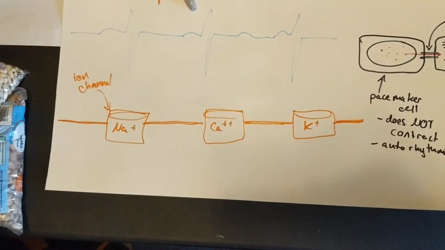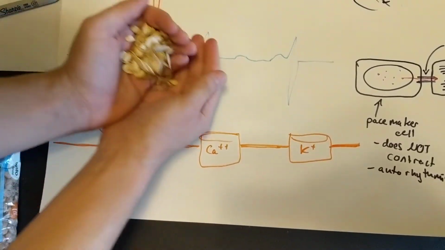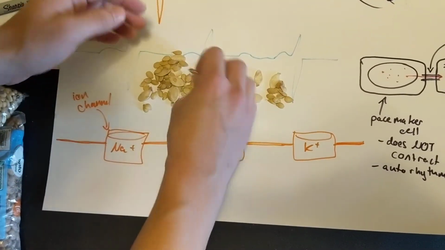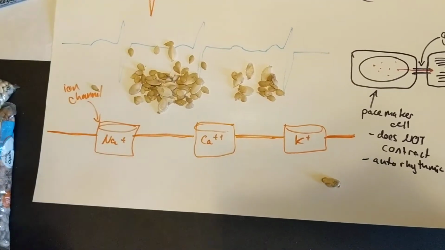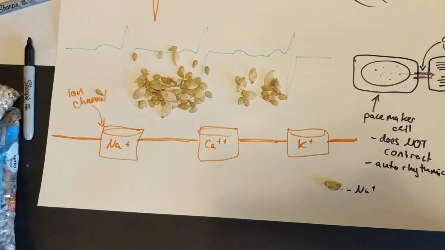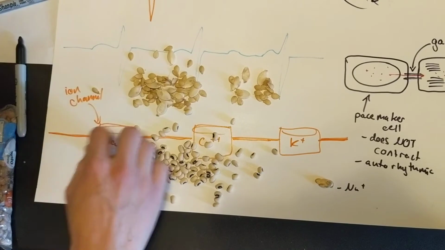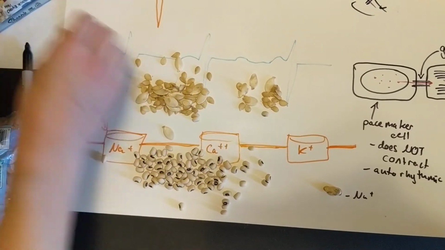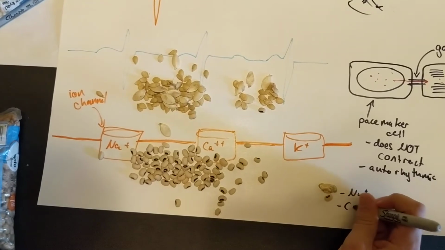What you have is, I'm going to say, all of these pumpkin seeds are going to be sodium. All of my black-eyed peas are going to be calcium.